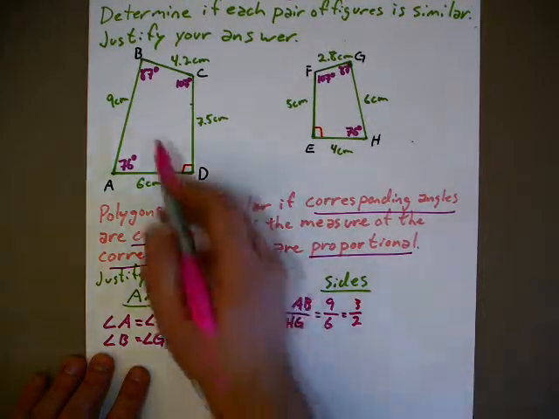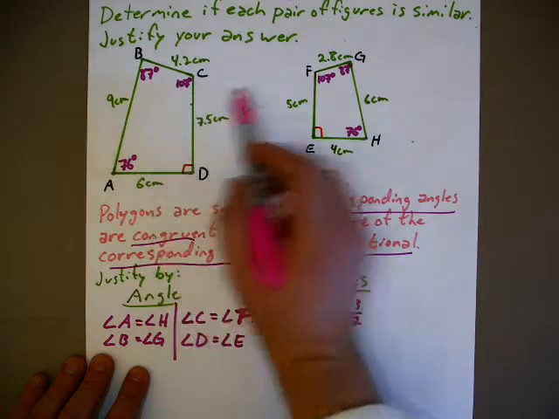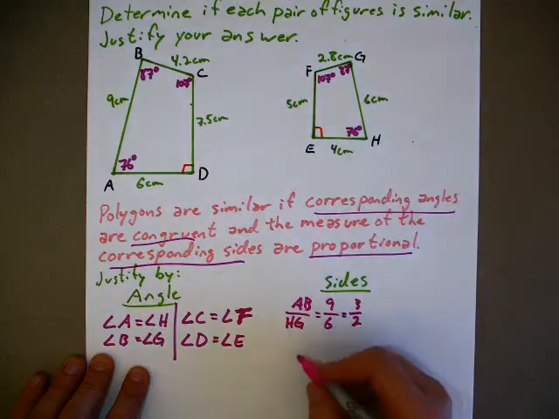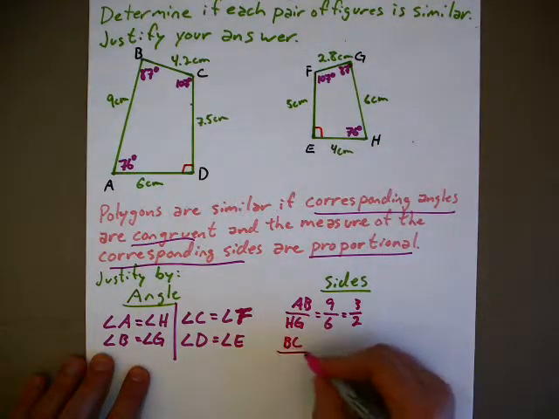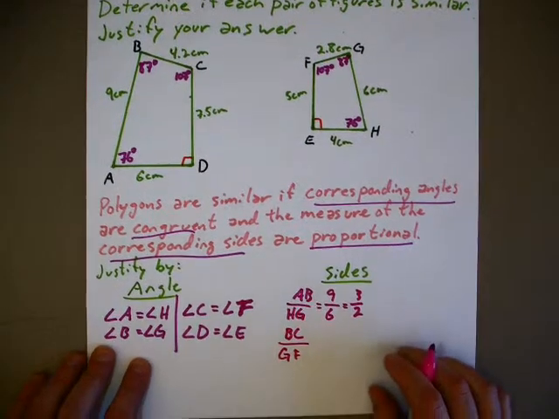And then let's go to our next side, BC, which goes from the 87 degree angle to the 107 degree angle, is going to be corresponding to GF. So I get BC over GF.